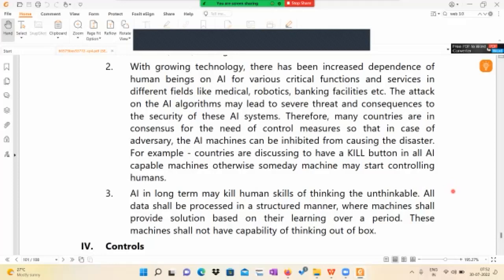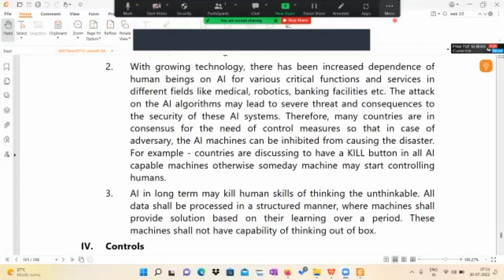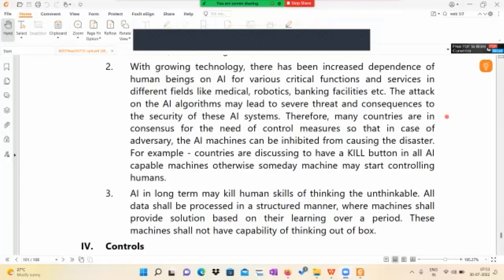Artificial intelligence software can also be taken advantage of by intruders, and they may make them work according to their selfish purposes. In the long term, it will affect the human skill of thinking the unthinkable.